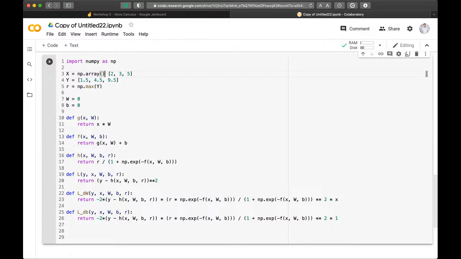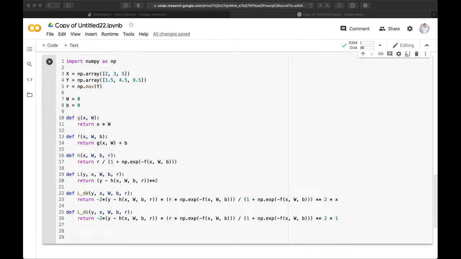Just add array around this. That will make us able to execute all of these functions for all of these elements at once. So we will not need to call x1, x2, x3. We can call it once and it will execute at once, the kind of our mini batch, as you might say. So that is one thing that we're going to use.